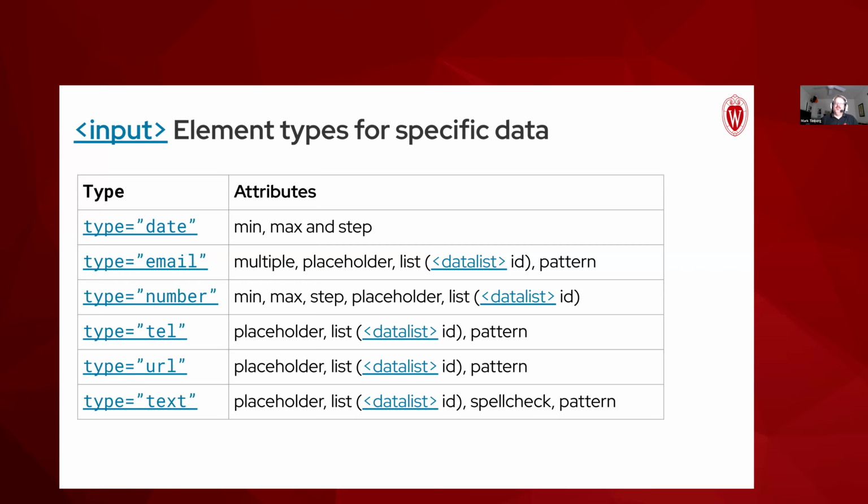So you could restrict to, say, wisc.edu as an email and have it validate that on the client side before they even get to submit the form. Numbers, I think, have existed for a while, but telephone numbers are a separate type that exists and will do some basic validation that something looks like a telephone number, as well as URLs, and then text we've talked about.